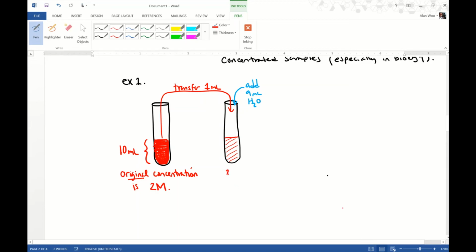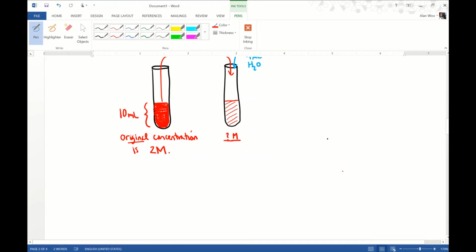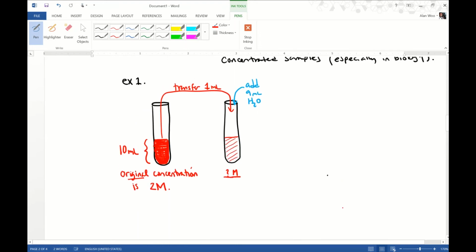Okay, so what is the molarity that we have? That part is actually easy to figure out. Okay, because what we have done here is exactly a 1 in 10 dilution. I added 1 part of my concentrate, 9 parts water. That's 1 in 10.